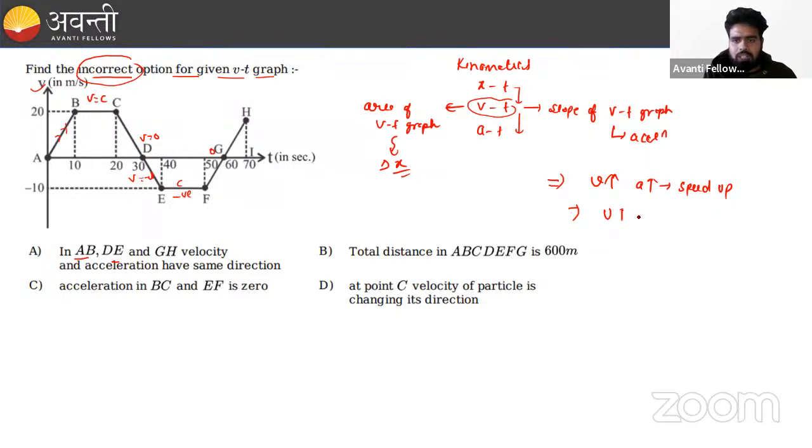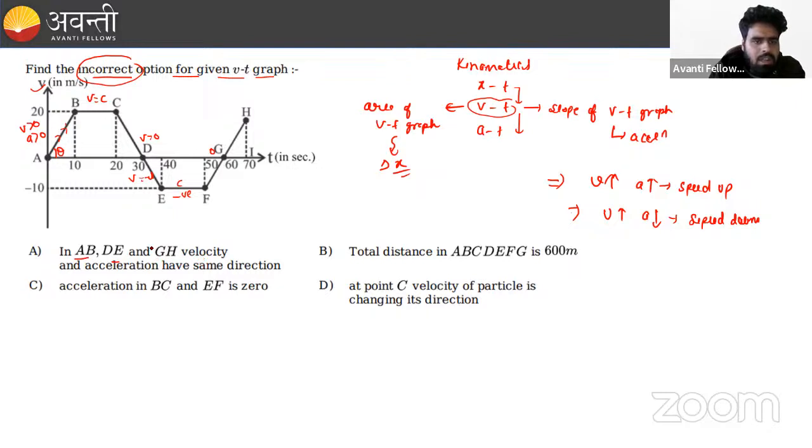If velocity is opposite to acceleration, this is the case of slowing down. So in this case, AB, DE and GH. In AB, the slope is positive, so acceleration is also positive, and velocity is also positive. So this is the case of speeding up.